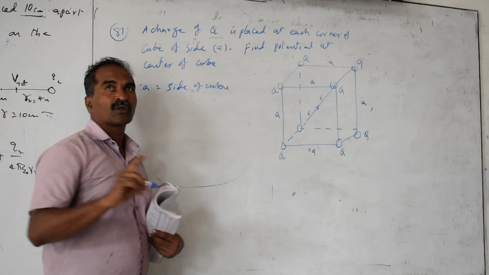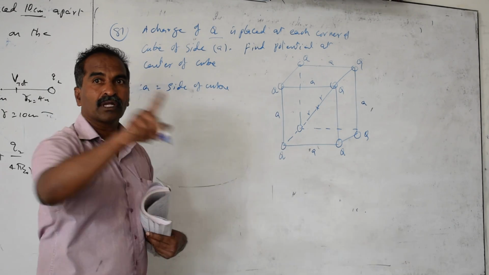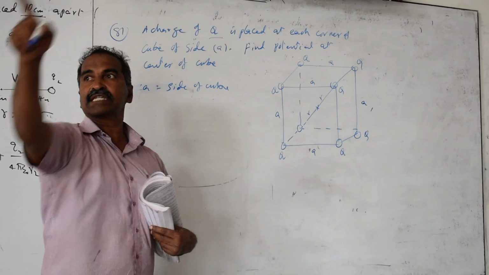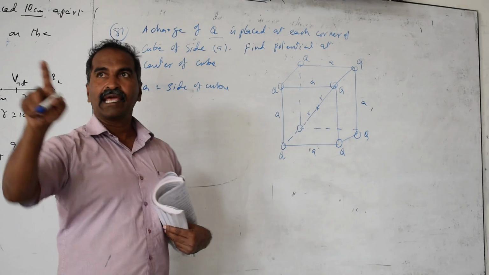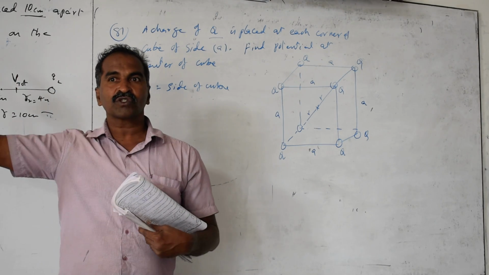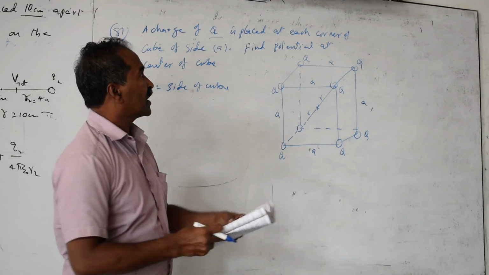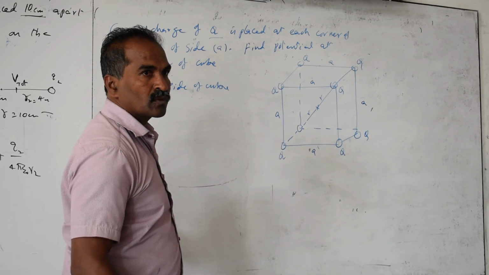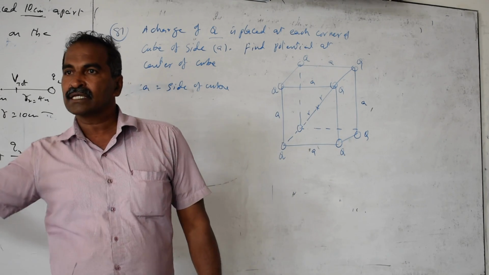Body diagonal means if you take the line from this corner to that corner, through the center. Not a face diagonal. Face diagonal means each side is a face diagonal. For a face diagonal, it becomes A root 2. But what does the body diagonal become?